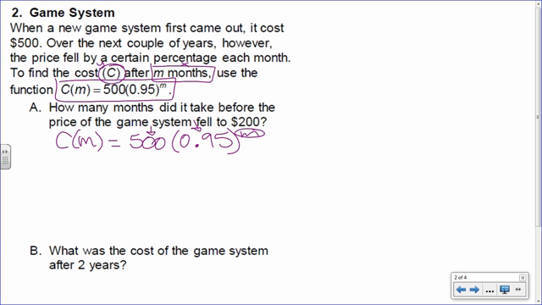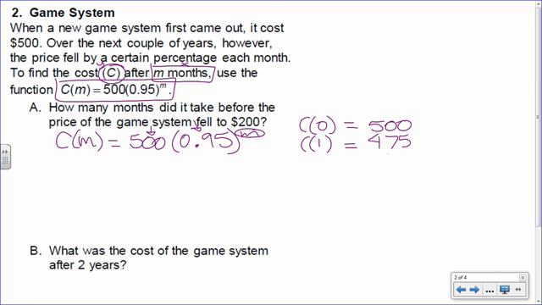So at month 1, I'm sorry, like when they purchase, which will be month 0, it will be 500. Now, after 1 month, could you guys multiply 500 times 0.95? 475.